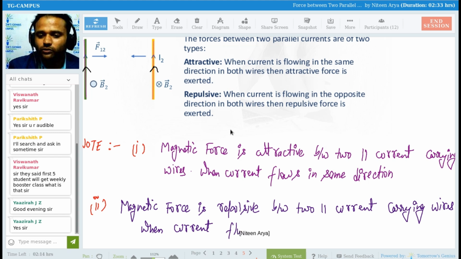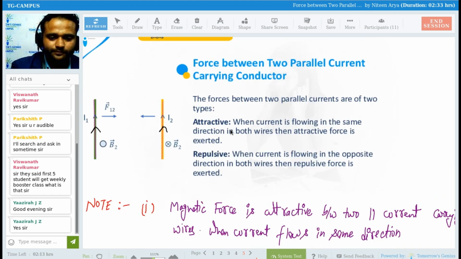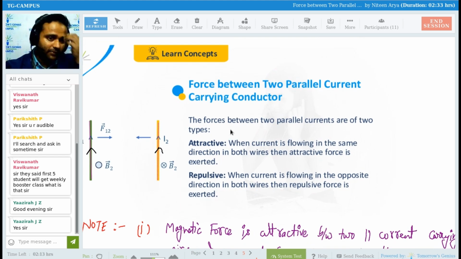Once you understand, then you don't need to learn this, and then the derivation is easy also. Okay, so let's discuss this first for parallel wires, or you can say for same direction current, and then we are going to discuss for opposite direction current also. Is this clear? So very easy, very basic.